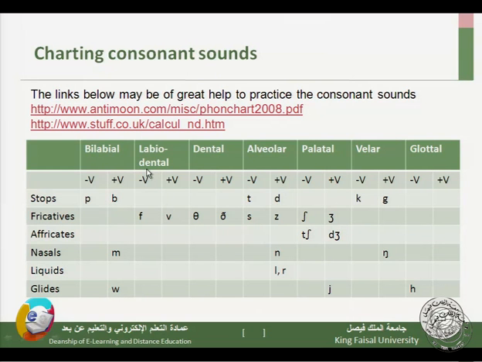The sounds under this name are p, b, m, w. While if I ask you what the stops are, you look in a horizontal way, this way. So the stops are p, b, t, d, k, g.